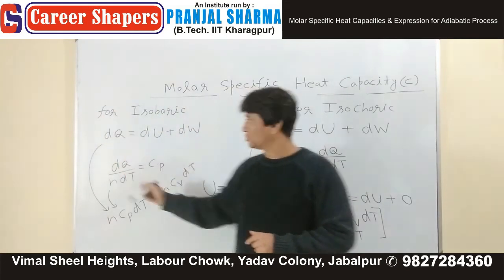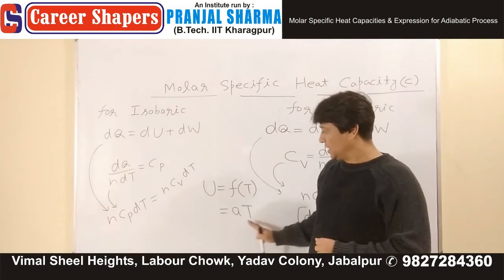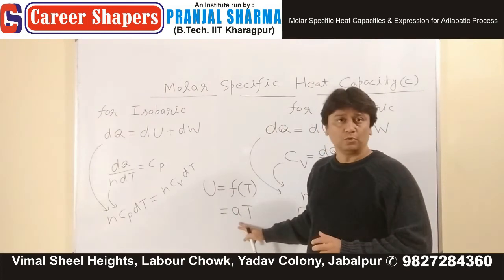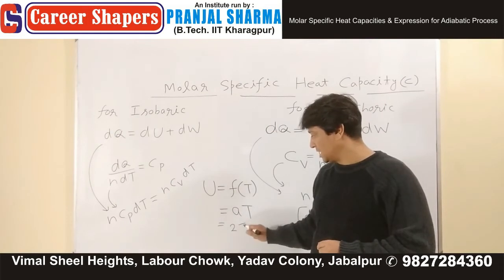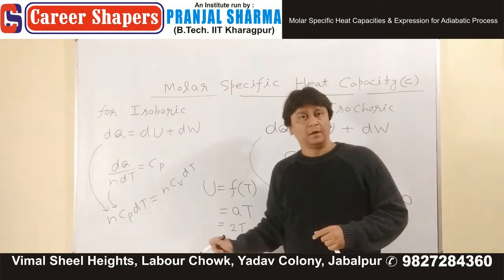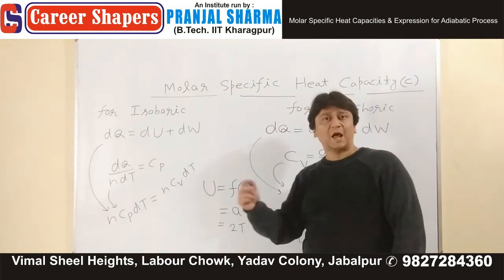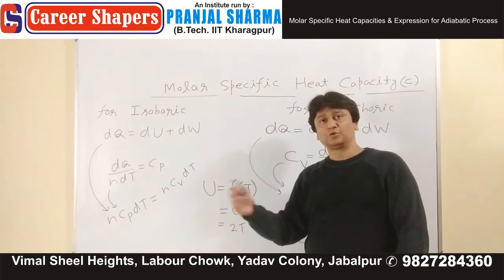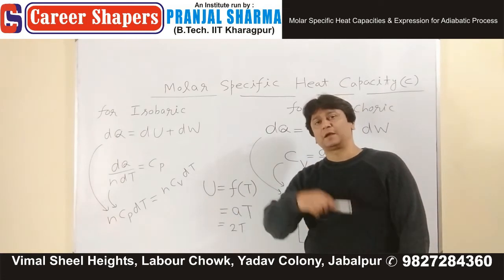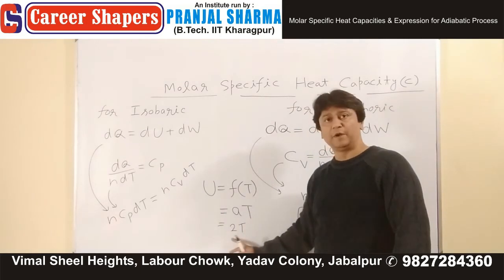Any type of process, internal energy is a function of temperature. There is some constant 2. Just for the time being, let's say internal energy is 2T. Internal energy depends only on what? Temperature. What type of process it is, it has nothing to do with it. It's an isothermal, isochoric, adiabatic, any type of process. Internal energy if temperature is T will be 2T.